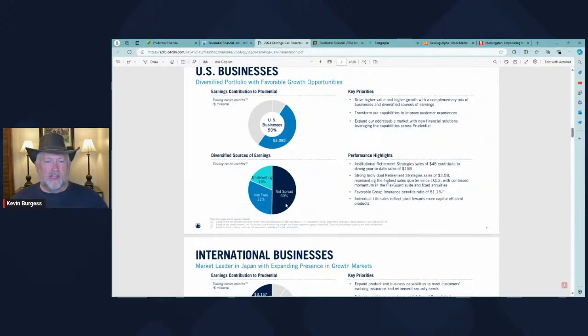something called net spread. And this is the part that gets a little confusing for me, because net spread could mean a couple of different things. It could be credit spreads, or it could be, and I think this is really what it is for Prudential. So if you think about it, Prudential's an insurance company.